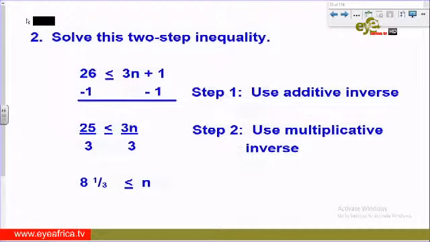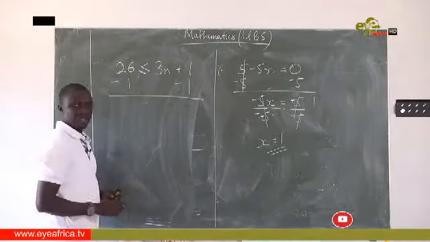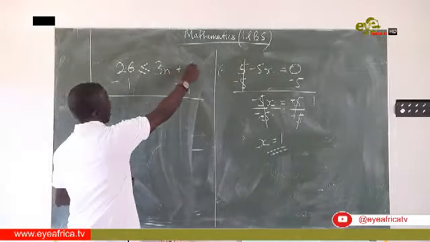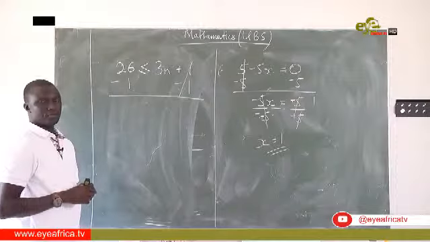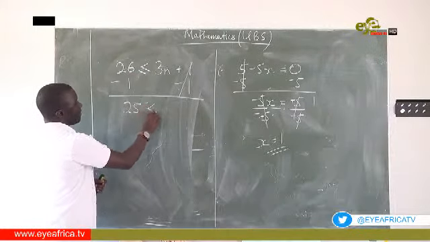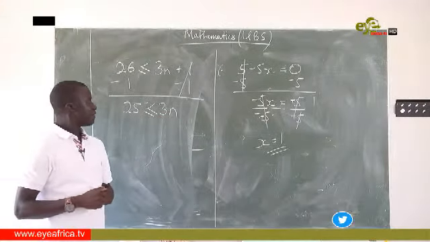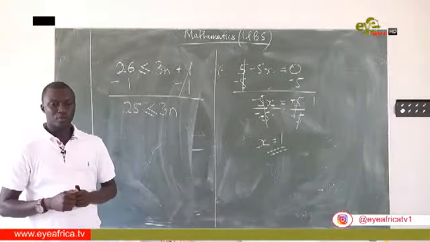We'll use the additive inverse of the positive 1 here. Subtract 1 from both sides of the inequality. 1 minus 1 is 0. 26 minus 1 is 25, which is less than or equal to 3n.